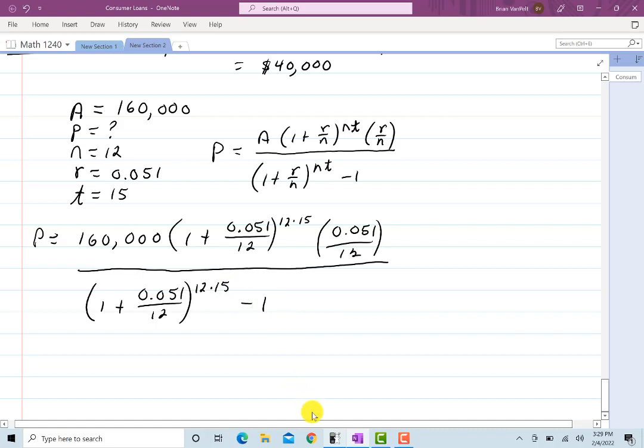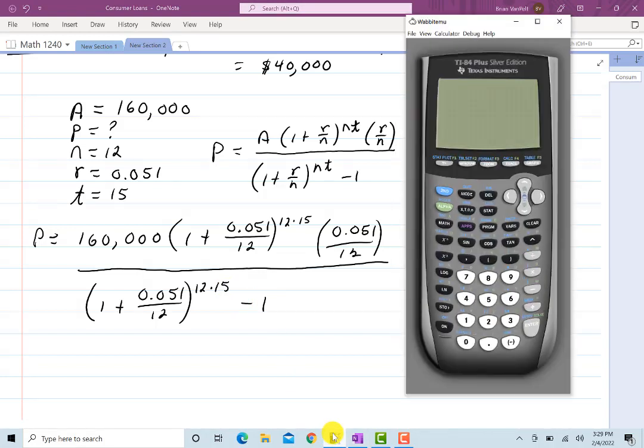All right, let's bring out the calculator. And don't forget, we don't have to enter this from scratch. Even though the calculator turned itself off, it still has that stuff in there. All I've got to do is mosey on up to where the formula was, and I'll bring it back down. So 12 times 15 is 180, so I'm going to change those 48s to 180.